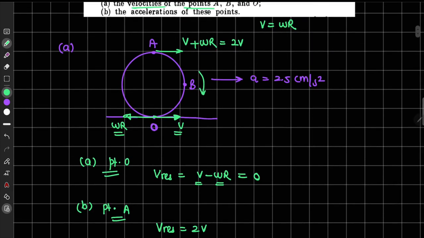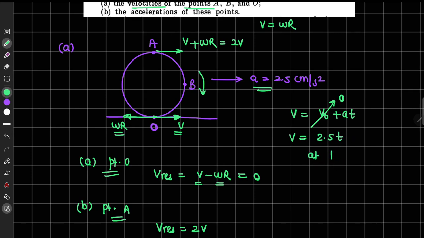Now let us find the velocity v. Acceleration is given as 2.5 centimeter per second square. So v is equal to initial velocity plus acceleration into time. Initial velocity is equal to 0, so velocity is 2.5 into t.